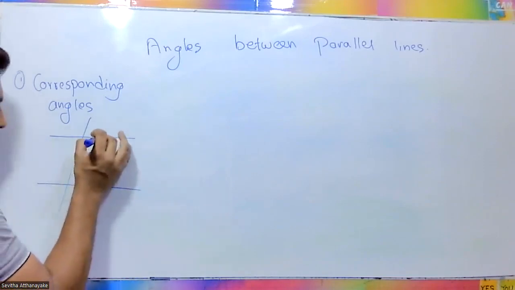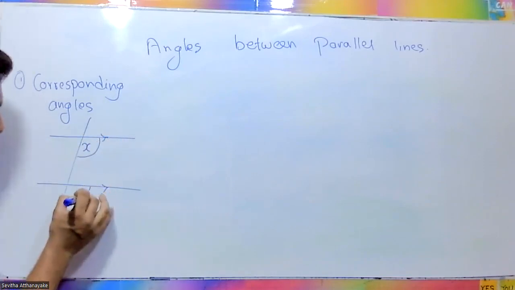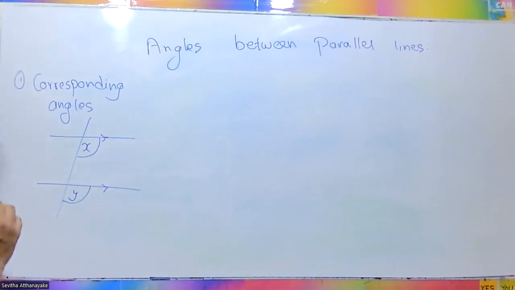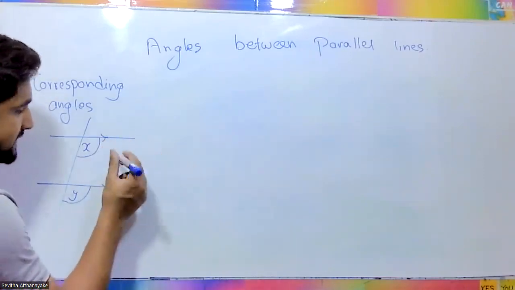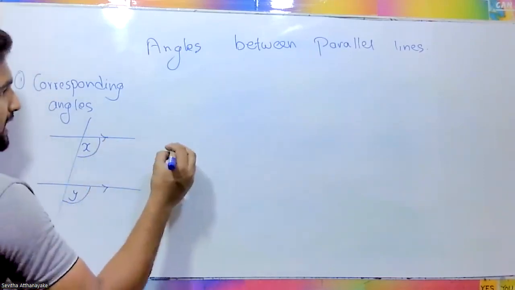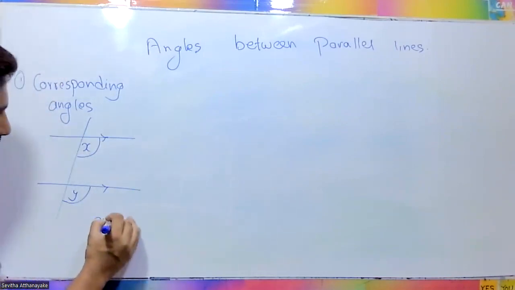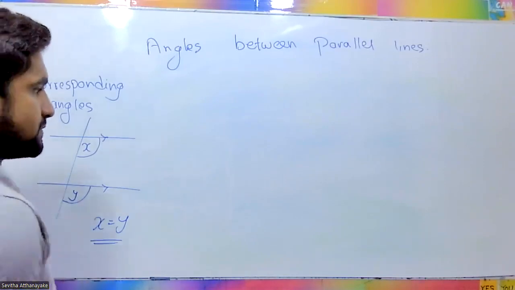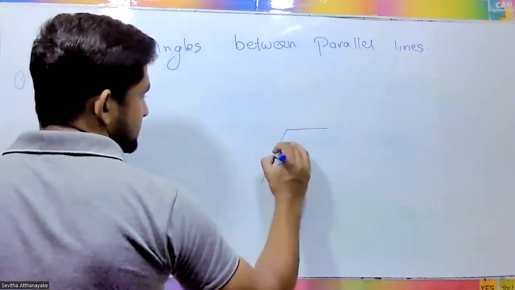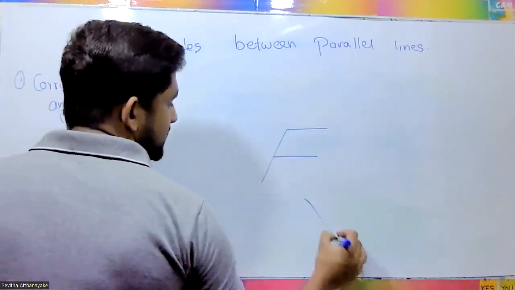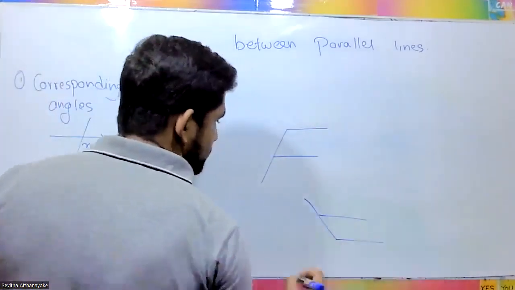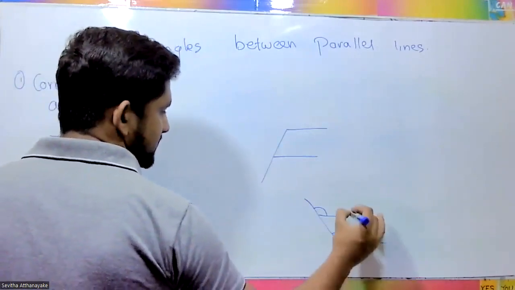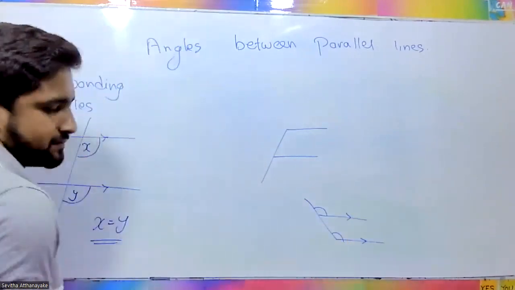Then here we have x and y. So since these two are parallel, we can say x equals y. Corresponding angles. Remember the shape. It's like this, F. You will find angles like this also. The shape will be like this. It is also the same thing.